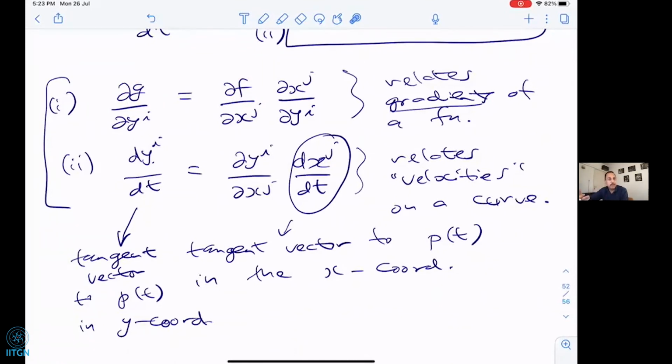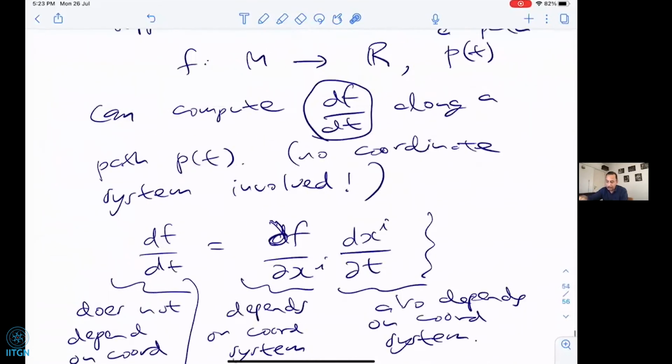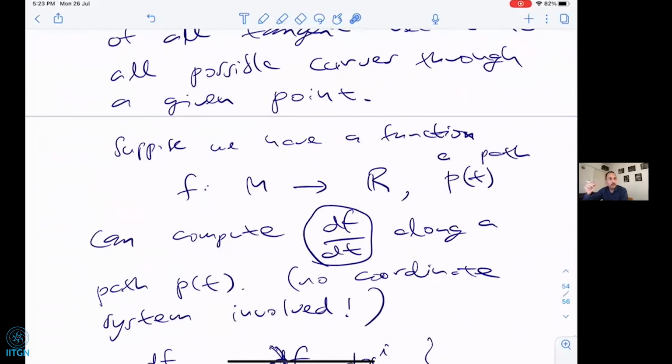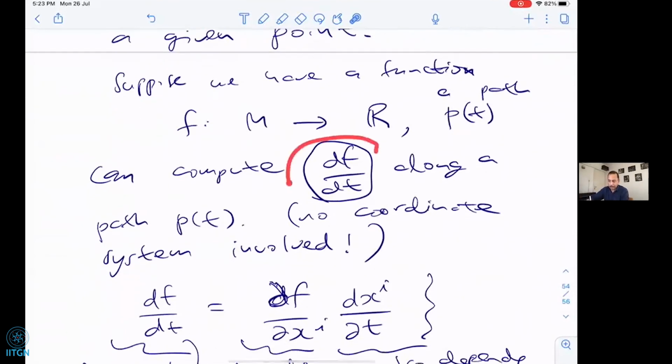You can drop the function, but you have to be careful to drop it in a coordinate independent way. And the precise way to do that came from this concept that neither the gradient of a function nor the velocity in my coordinate system are coordinate independent quantities. What is coordinate independent is the variation of a function along a curve.